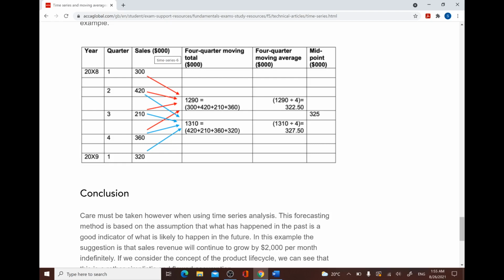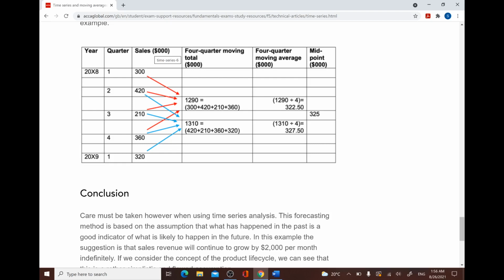To get the moving average, you would just divide by 8 and you will come back to the same figure. So it depends on which one you go for. But I personally prefer the second approach, which means taking the 4-quarter moving total plus the 4-quarter moving total to get the 8-quarter moving total, then dividing by 8.